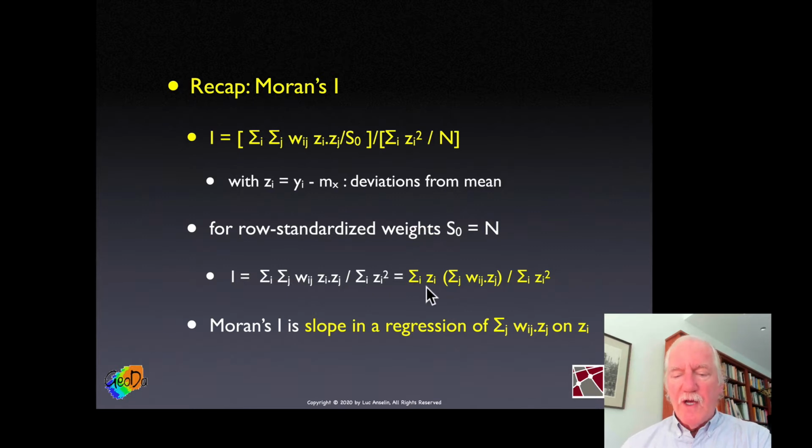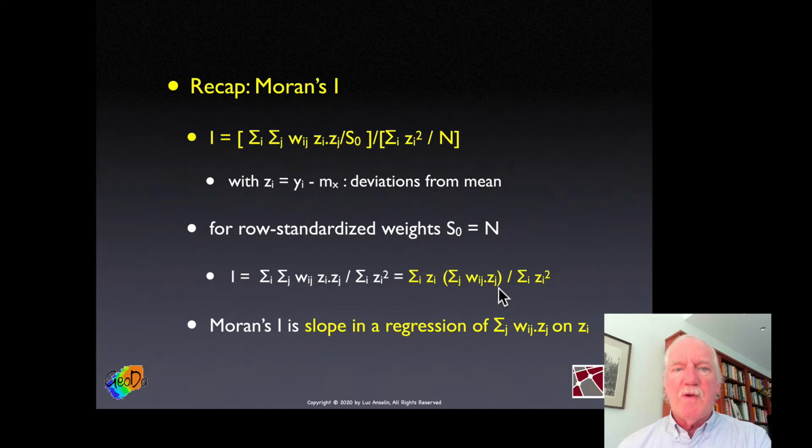So looking at this from that perspective, what we see here is in fact that this ratio, which is Moran's I, is nothing but a slope of a bivariate regression where the dependent variable, and this is a little counterintuitive, but it makes sense mathematically, the dependent variable is this term.